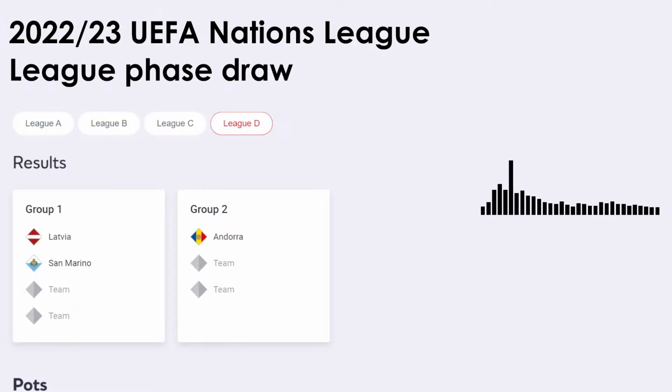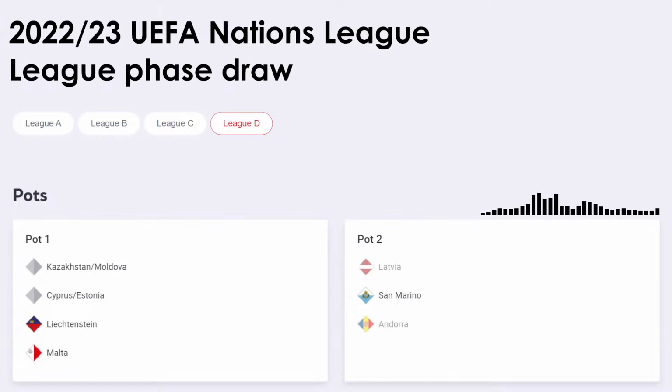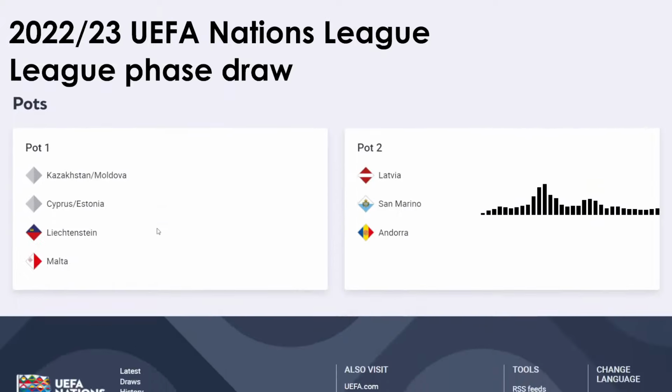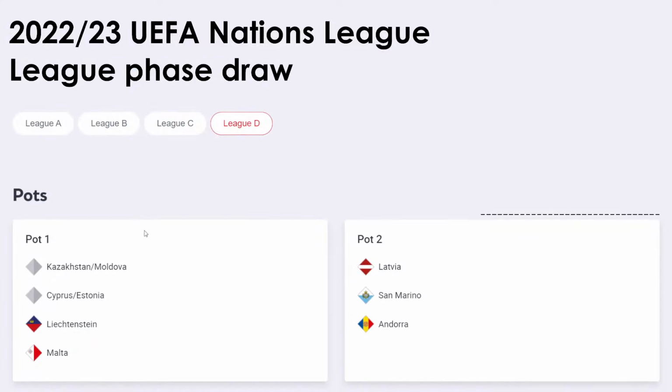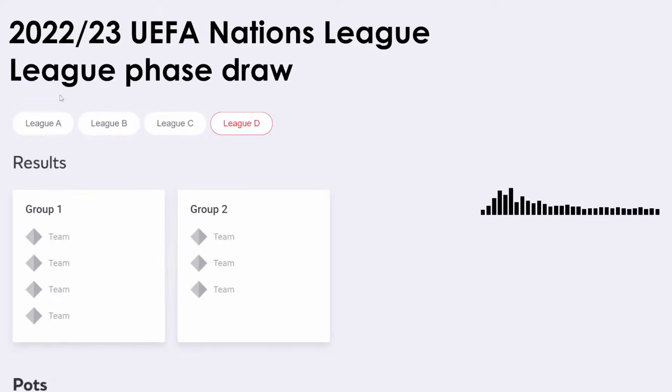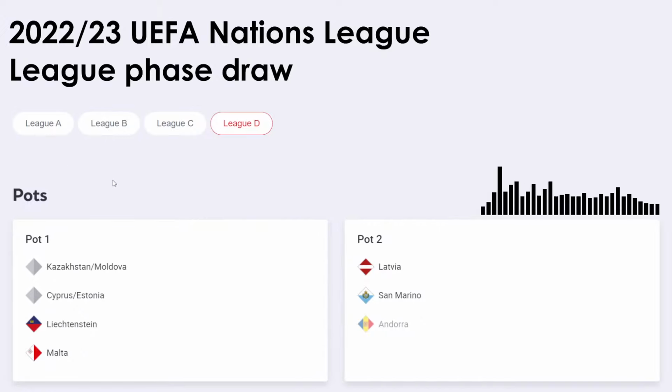So Malta is going to Group D2. So we can see that in Group 2, Malta, Cyprus or Estonia, and San Marino should be there. So next, Liechtenstein. Here is Liechtenstein, D2, Malta, Cyprus, Estonia, and San Marino.